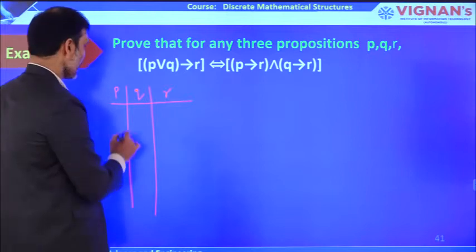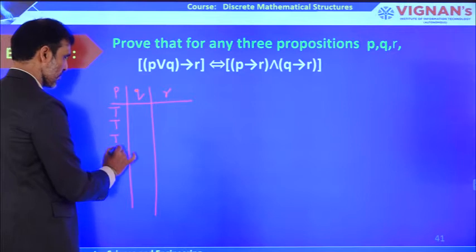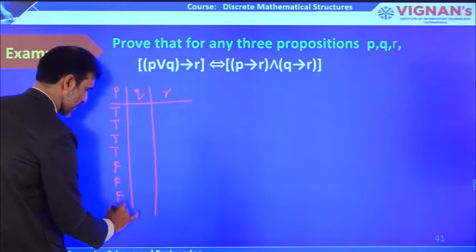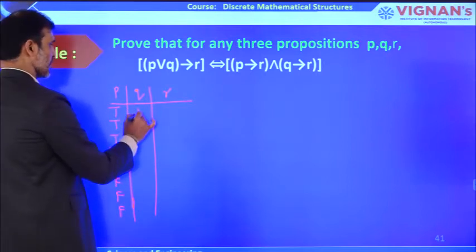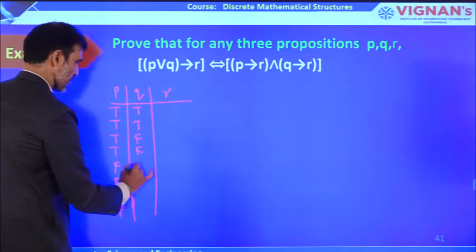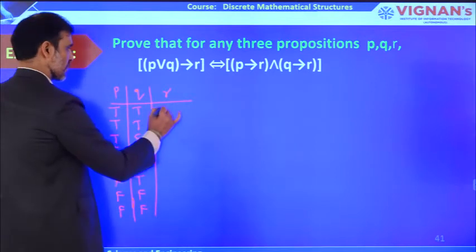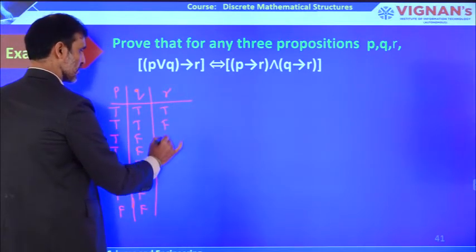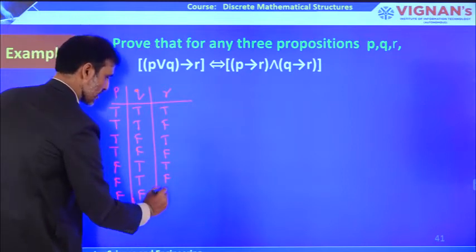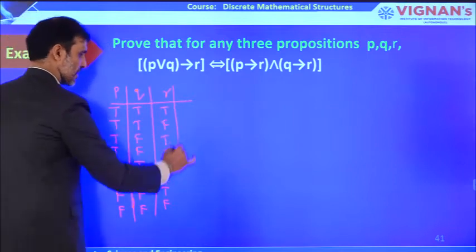So how many rows you need to get? True, true, true, true, false, false, false, and then false. Here true, true, false, false, true, true, false, false. True, false, true, false, true, false, true, false. Like this we are going to take three different propositions.